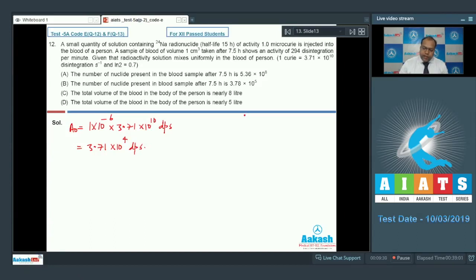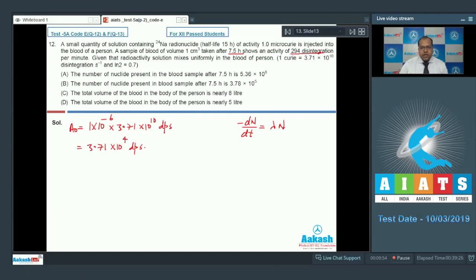Now we know that at any time t, the activity, minus dN by dt or the rate of disintegration, is given by lambda into the number of active nuclei at that instant. In the question it is given that after 7.5 hours, the sample shows an activity of 294 disintegrations per minute.